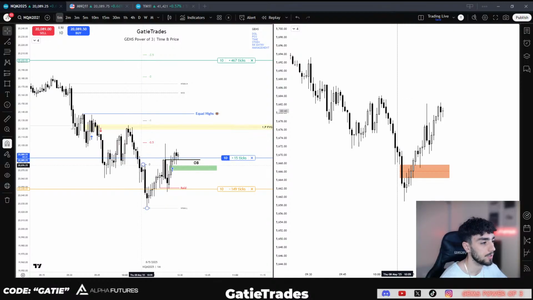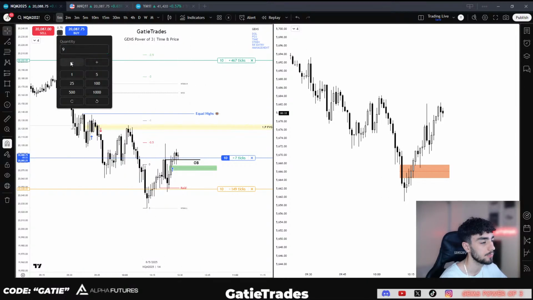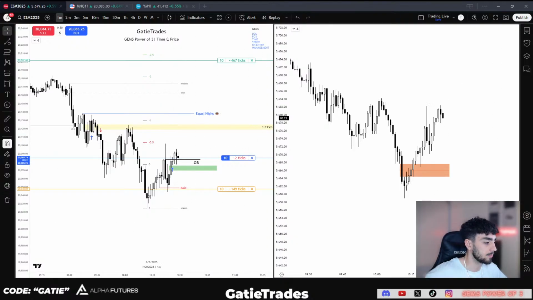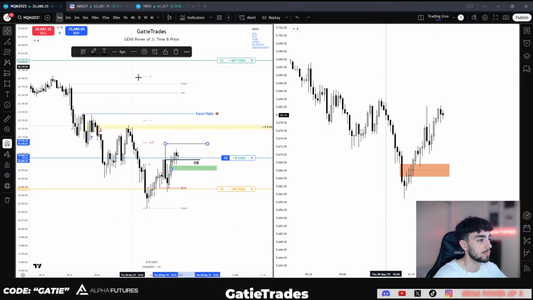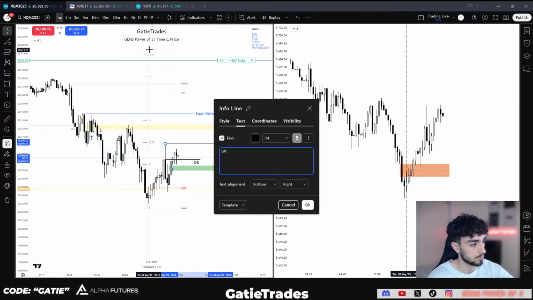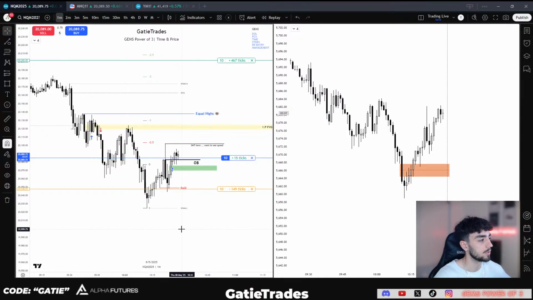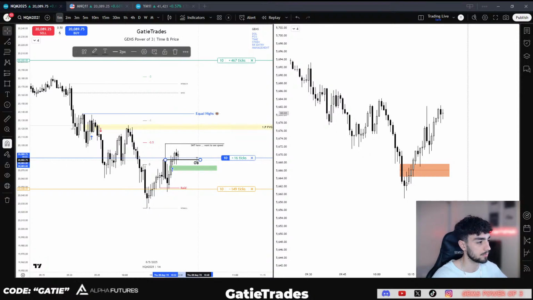So we'll focus on the 930 deviations below 10. We do have an SMT right here. But there's an SMT there. I want to see speed. Willingness to go higher, not a willingness to go lower.